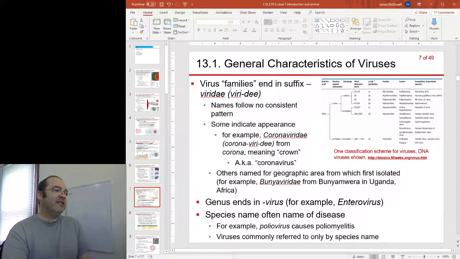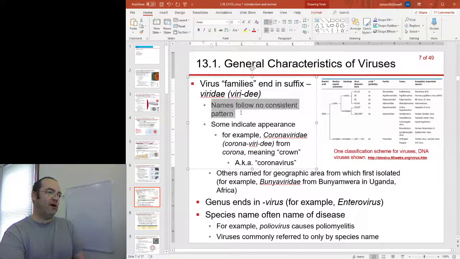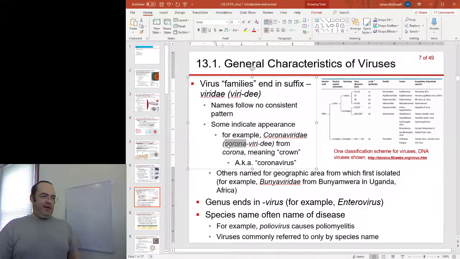Many of our virus families end in this term viridae, and there's no consistent pattern for naming viruses. So coronaviridae, from the structure of the virus, corona meaning crown. So I guess someone looking at the virus, it would be interesting to know when that term was coined and what they were looking at through a microscope, or maybe through an electron microscope, or maybe through some other kind of mechanism.